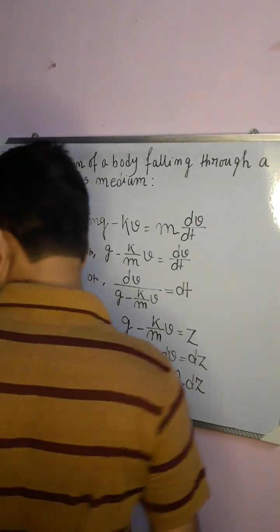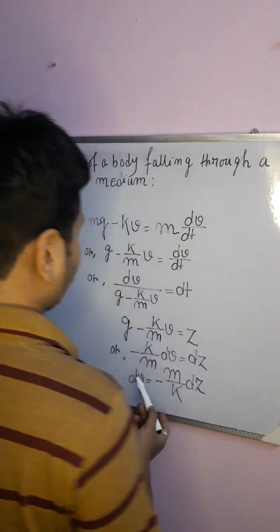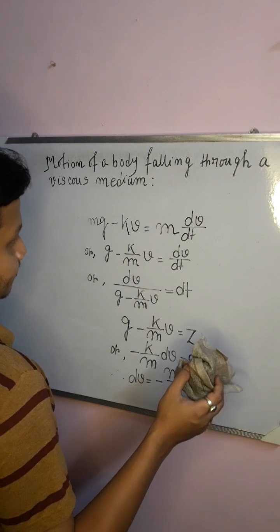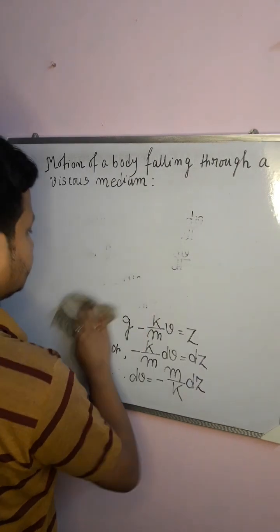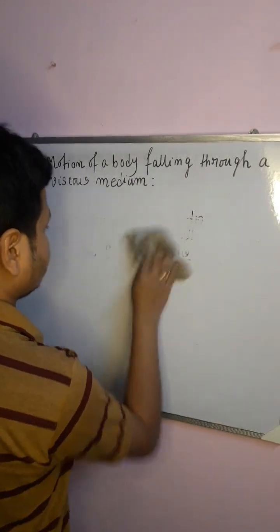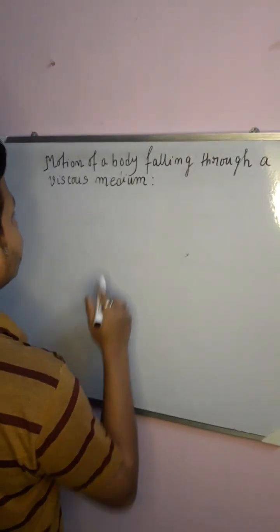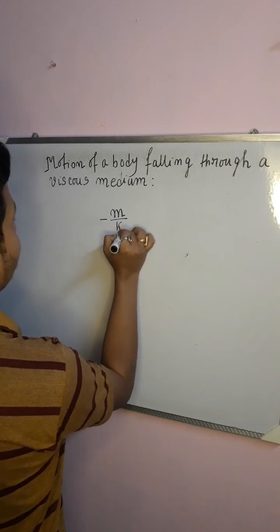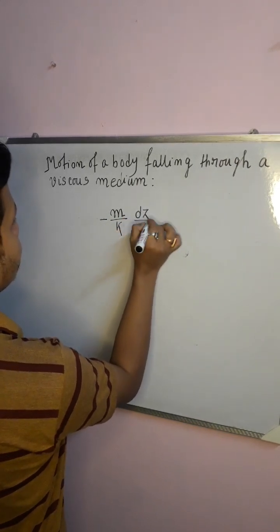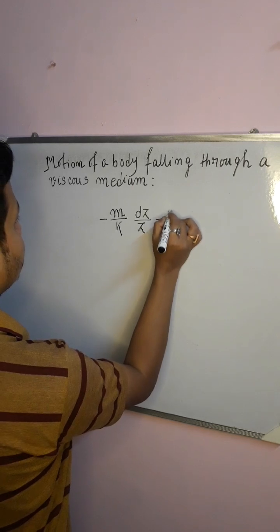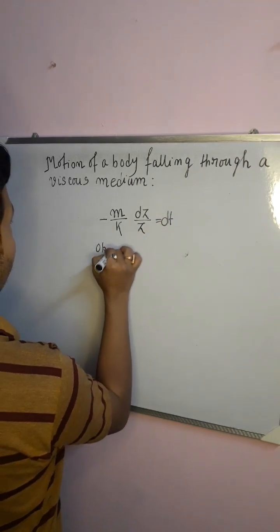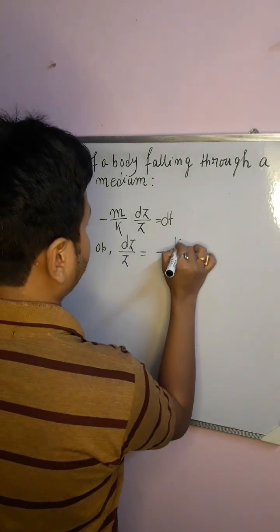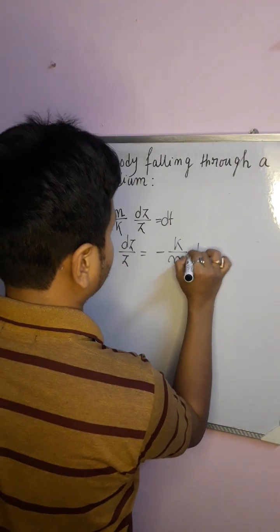If we substitute the value of dv in this equation, we get minus m by k dz by z equals dt, or dz by z equals minus k by m into dt.